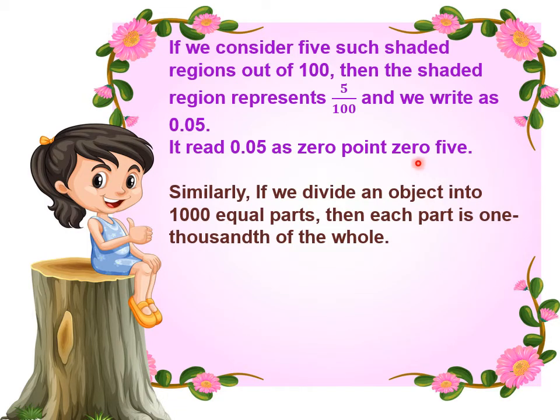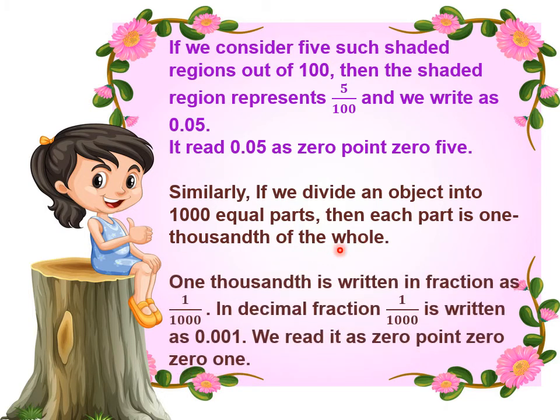Now we see in 1000. So similarly if we divide an object into 1000 equal parts, okay, how many equal parts? 1000 equal parts, then each part is 1000th of the whole, meaning one part is shaded, so it represents 1000th of the whole. 1000th is written in fraction as 1 upon 1000.